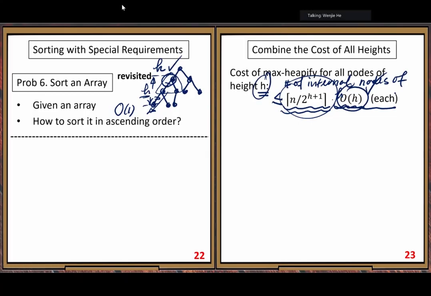Then the multiplication gives the cost at height h, this level, that's the total cost. Next, we need to accumulate the total cost of all the positive heights, from 1 to floor of log base 2 of n.